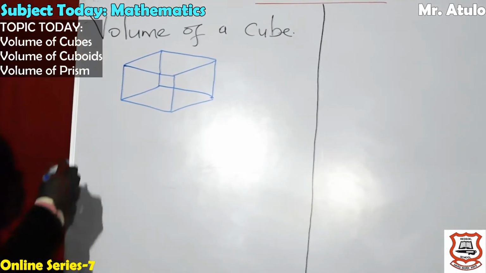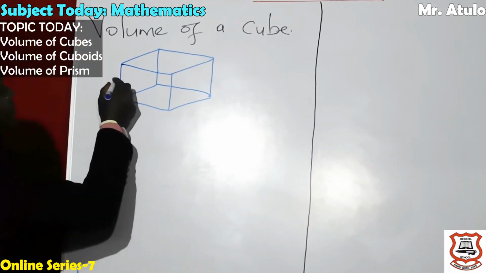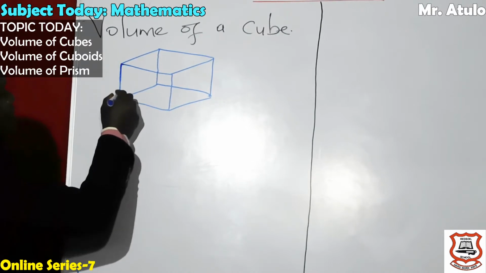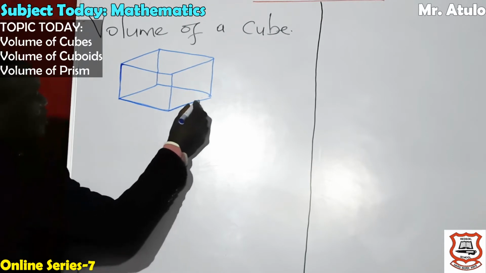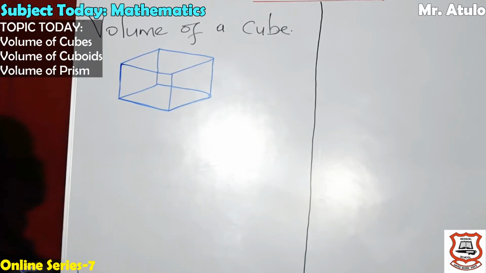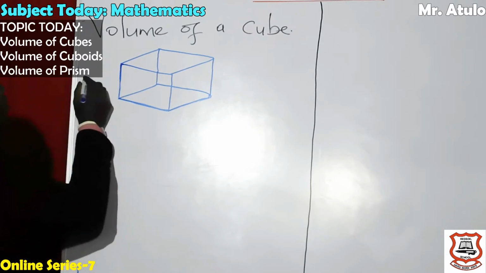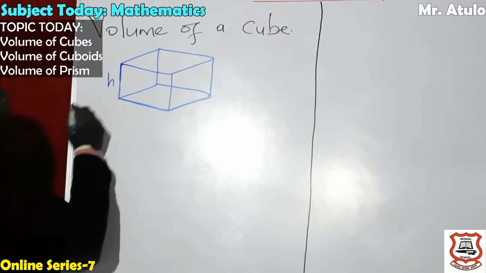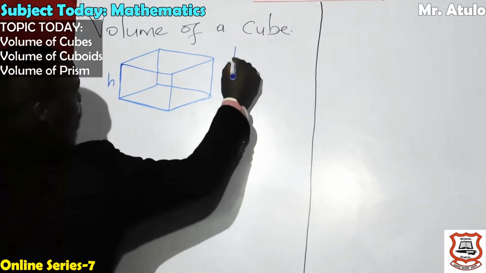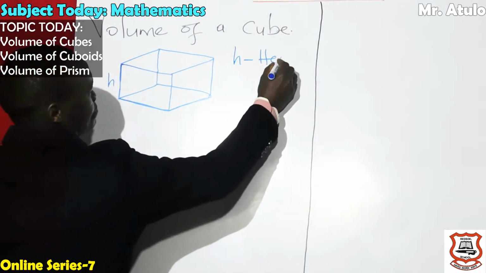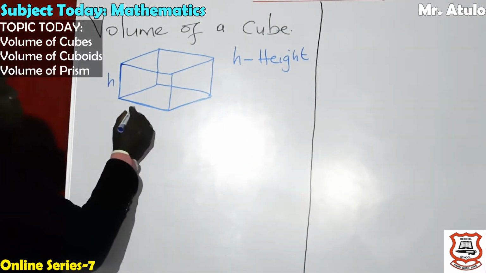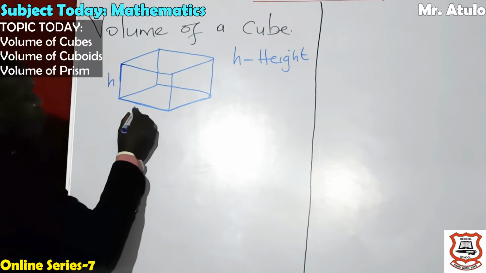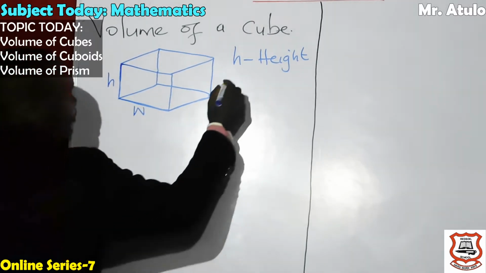When you talk about volume, we will be talking about this part of the cube, this part of the cube, and this part of the cube. These will help us determine the volume of the cube. This is what you call the height, H, standing for height. And this is what you call the width or the breadth.